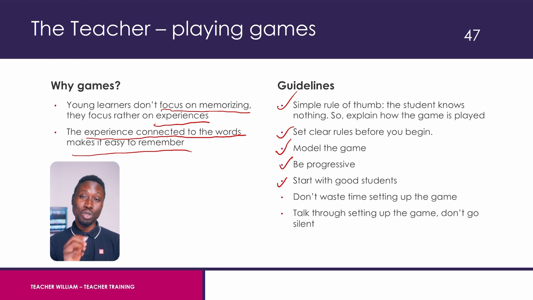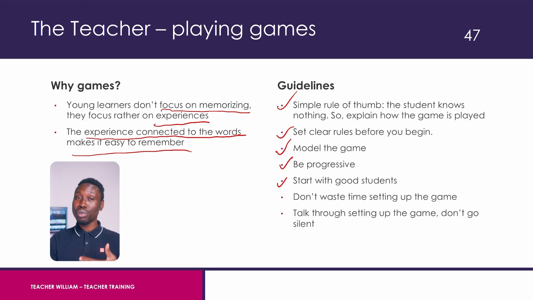Whenever you're playing games, remember we talked about class demographics and you have the top 20 because those students are those who understand the things you want to do very quickly and much easily. You need to start your games with those students because they can help you model the game quickly. If you call a child who is slow to explain, it's going to be a little messy for you.